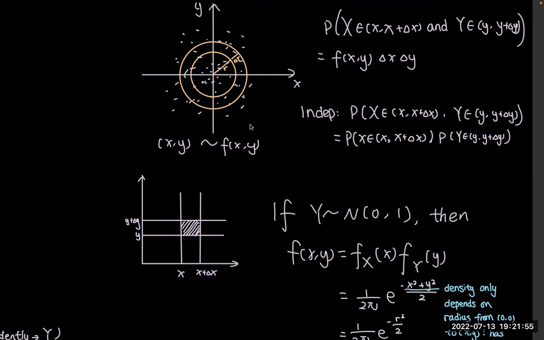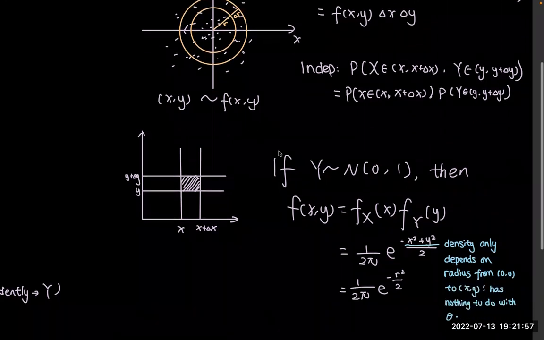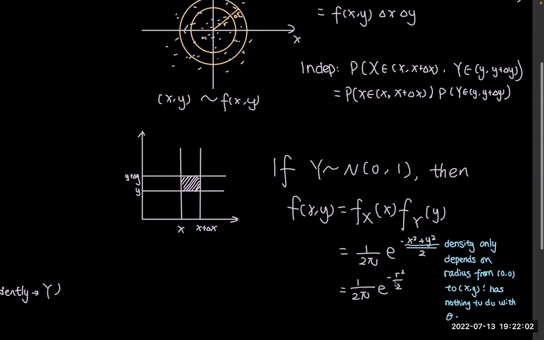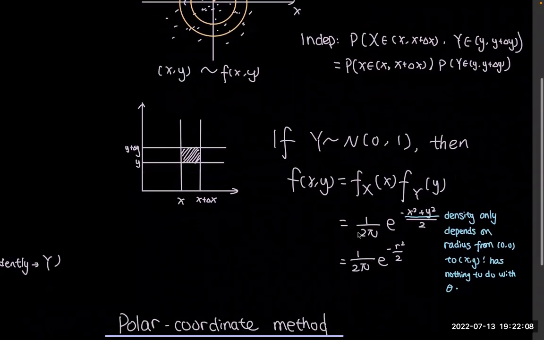So if we use the polar system, the density becomes 1 over 2 pi e to the negative r squared over 2, where r is the distance from xy to the origin. Now it is simpler because the density only depends on r. It has nothing to do with the direction.